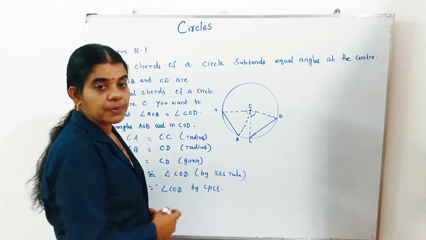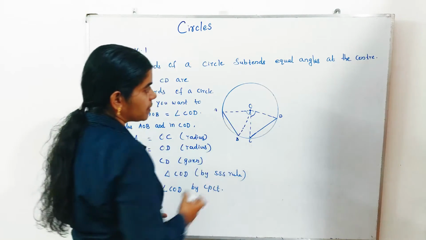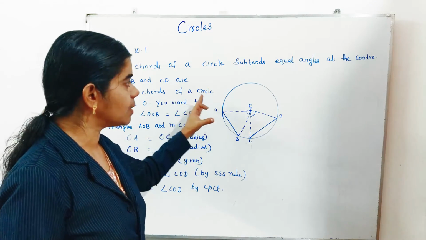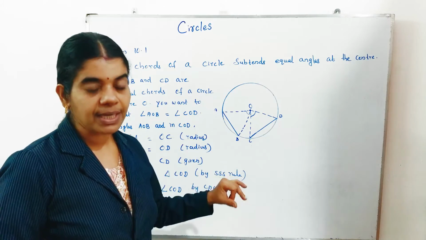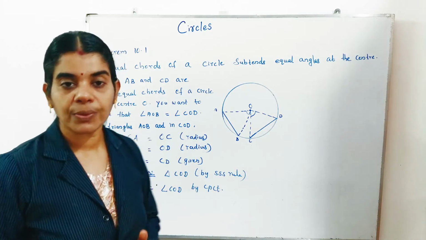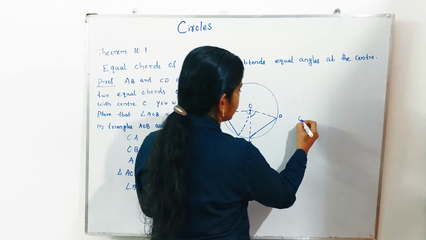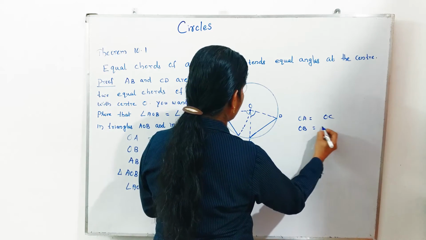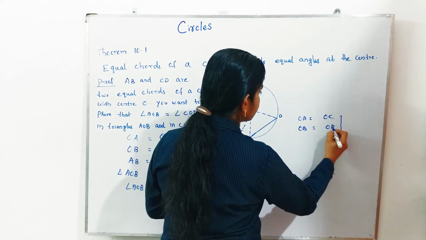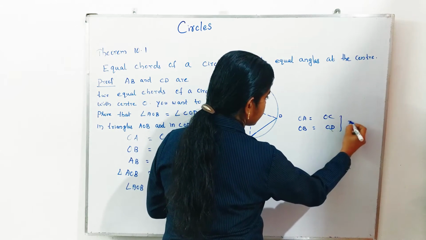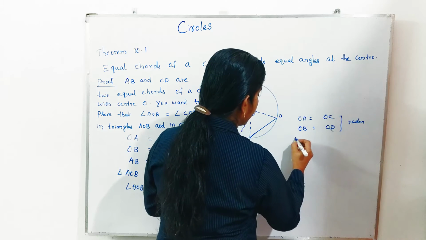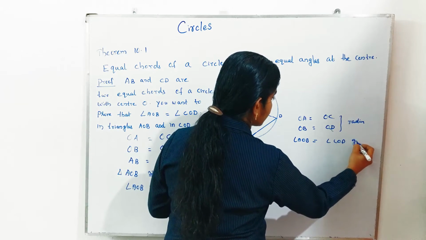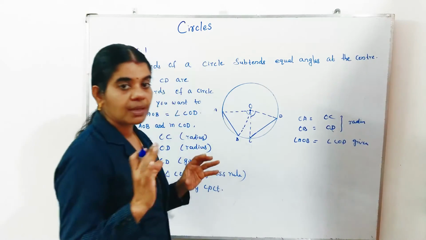How can we prove that? Just look. Here, what they have given is equal angles. So angle AOB equal to angle COD is already given. But you want to show that AB equal to CD. Then OA equal to OC, and OB equal to OD. The reason is radius of the circle. Then angle AOB is equal to angle COD, that also is given because the two chords make equal angles.